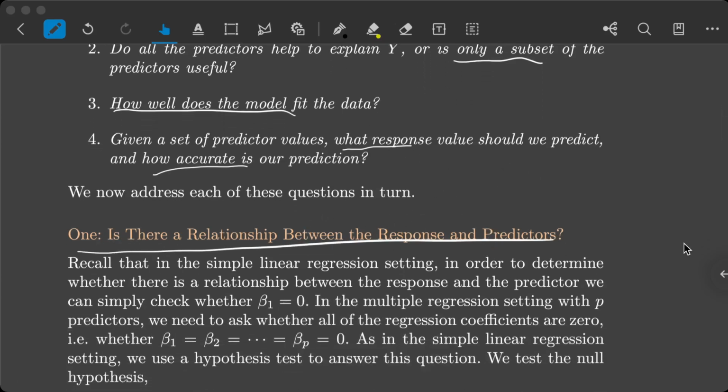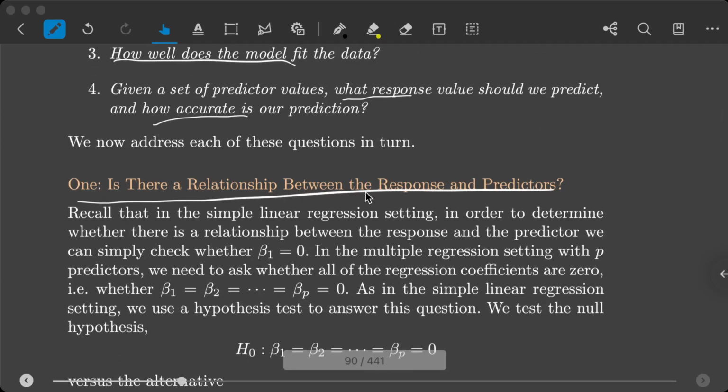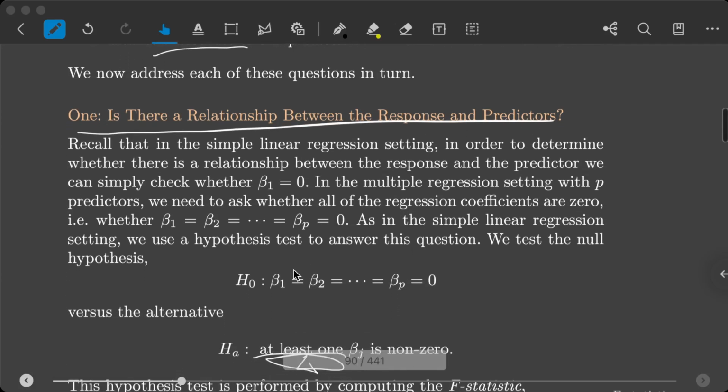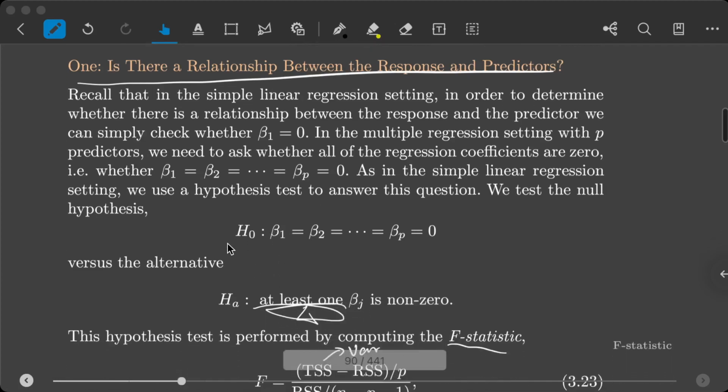This is the first one: is there a relationship between the response and predictors? Statistically, we would do that in this way. We make an assumption, which is often called the null hypothesis. Our hypothesis is that all the ground truth parameter coefficients should be zero.